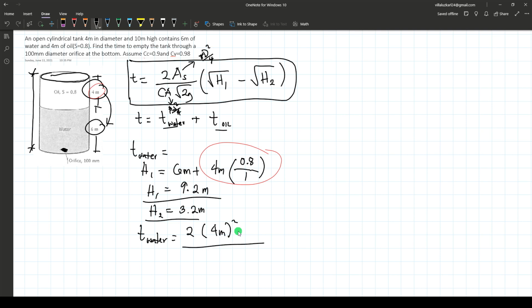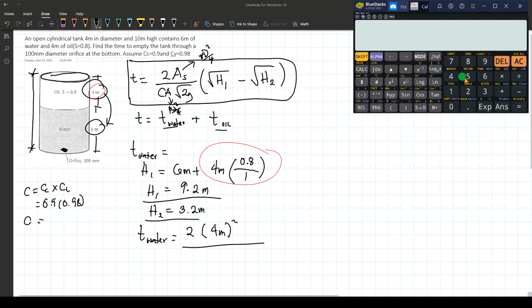So I don't have a value for C yet. C is Cc times Cv, 0.9 times 0.98. So the coefficient of discharge is equal to 0.9 times 0.98, 0.882. So this 0.882 times the area.